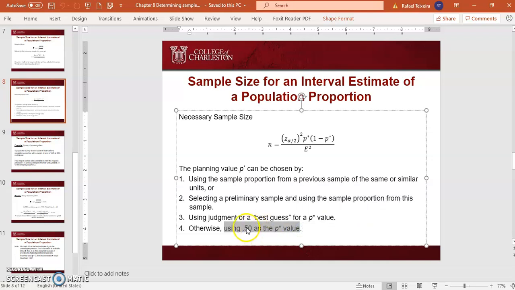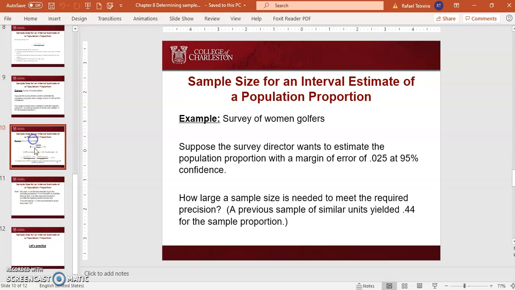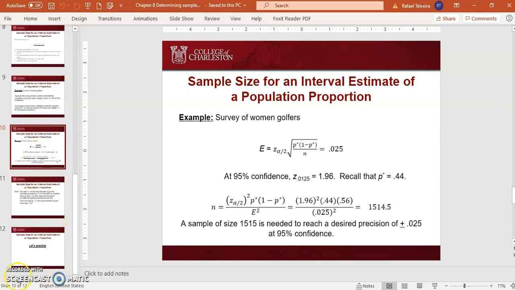If you don't have any other proportion, then you can use 0.5 as the most conservative value. Okay, and that's it. You plug the numbers and answer the problem. That's all.